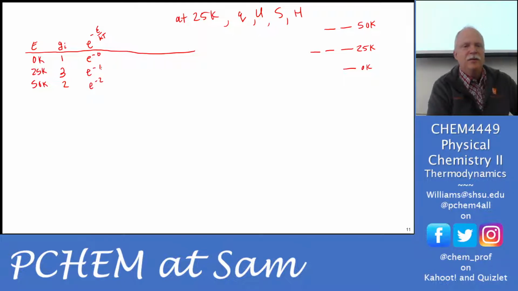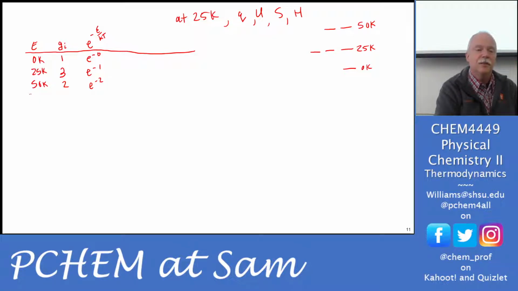We still have that 25 Kelvin and 50 Kelvin, and so at 25 Kelvin, it's e to the minus 0, e to the minus 1, e to the minus 2. Just like if you want to go back and look at the previous slides, you can see what I'm talking about there. So now it's 1 times this, 3 times that, and 2 times that. So let's add up all of those factors.